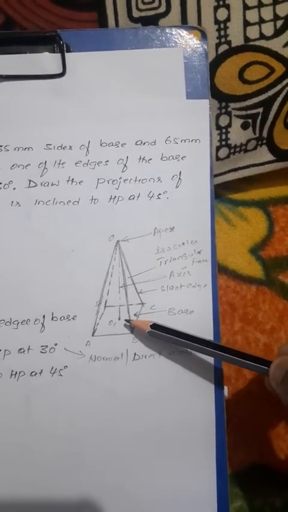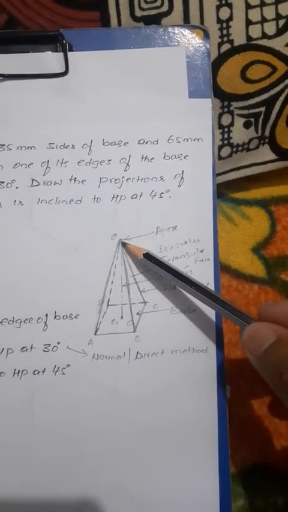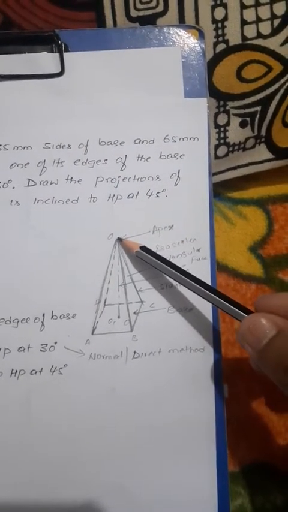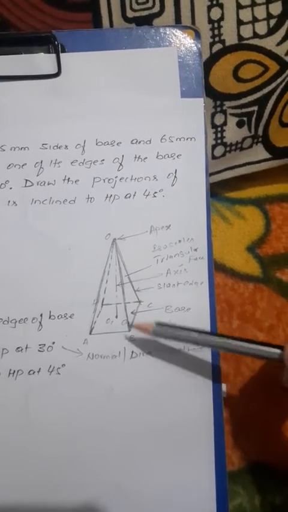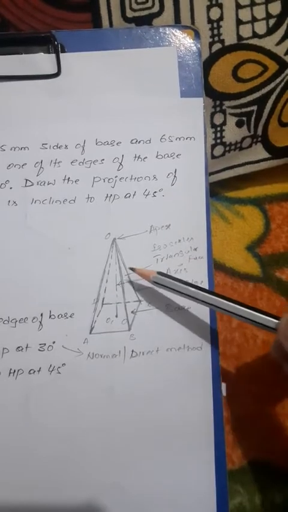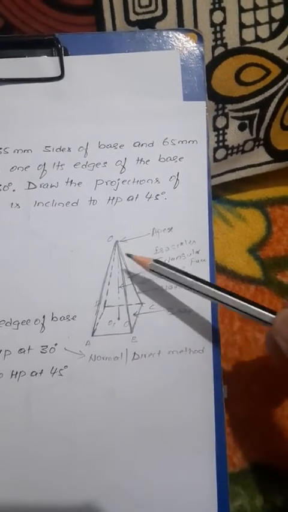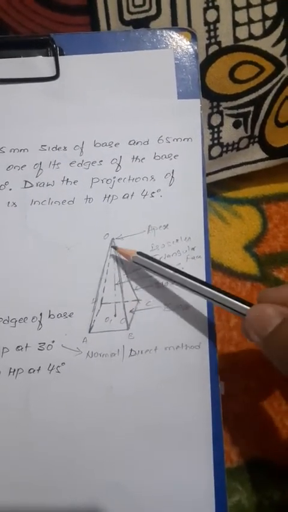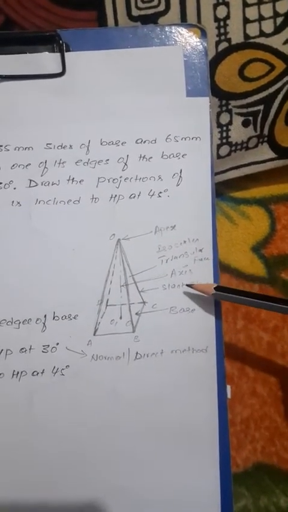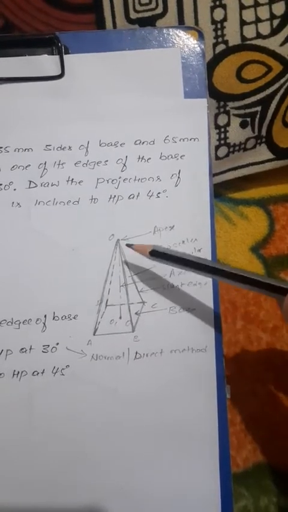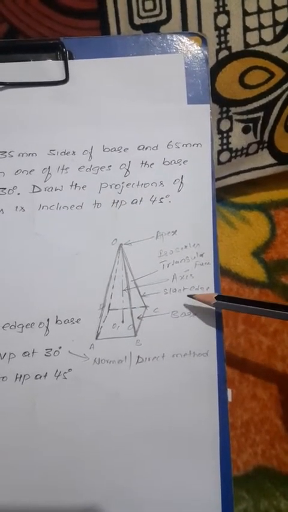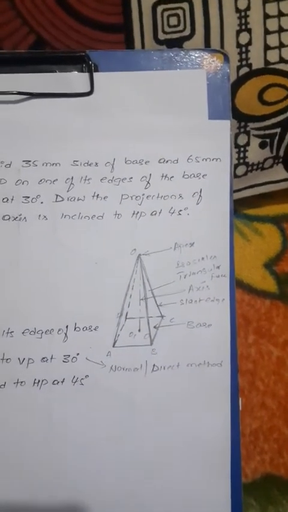The base center is O1. This apex we call O. If you join the edges from the apex to the corners of the base, we get isosceles triangular faces, that is OAB, OBC, OCD, ODA. And the slant edges are OA, OB, OC, OD. This is what we call a square pyramid.